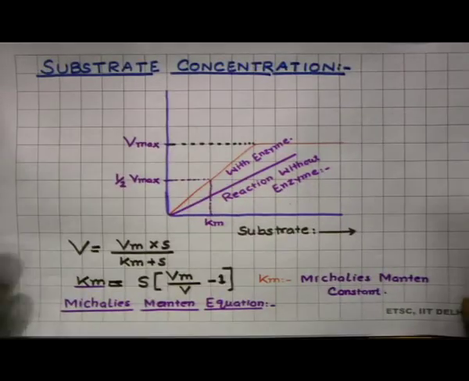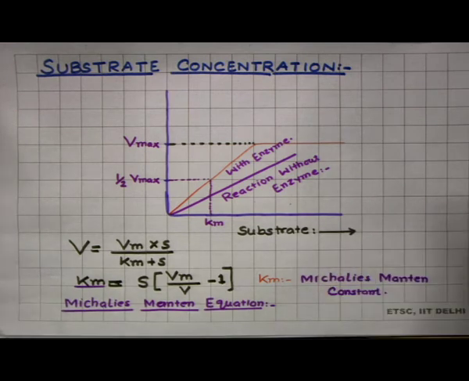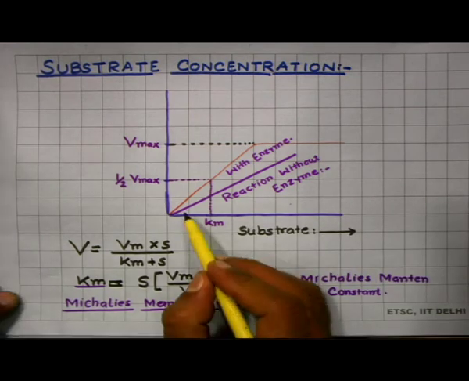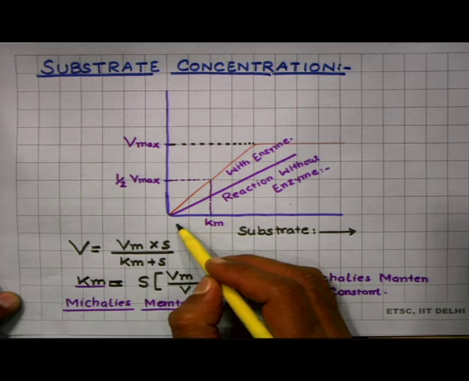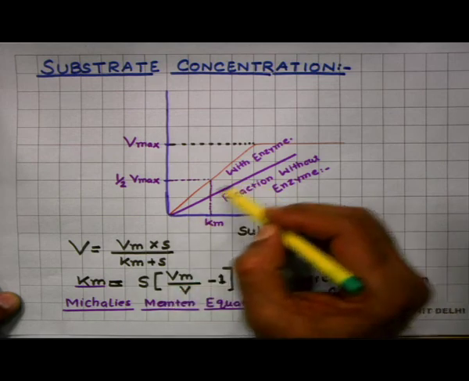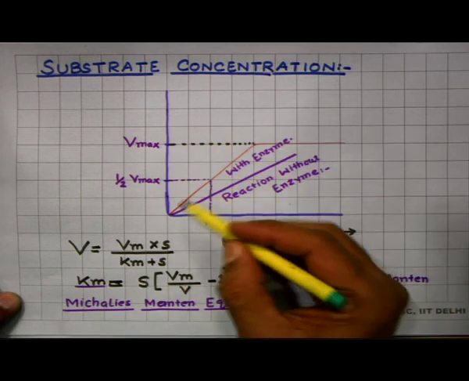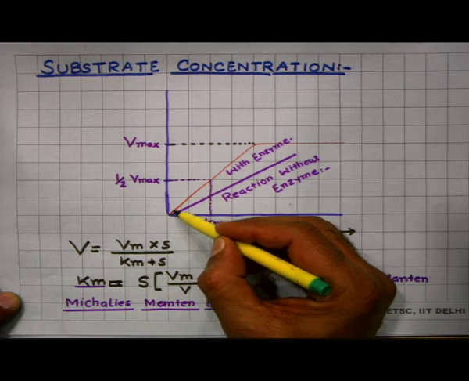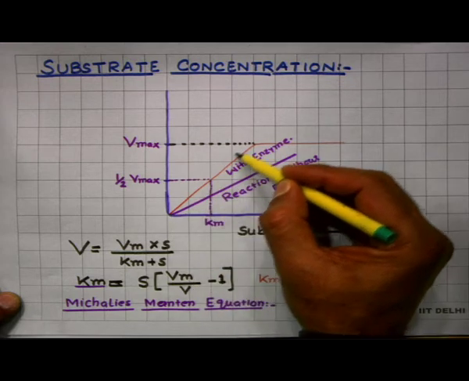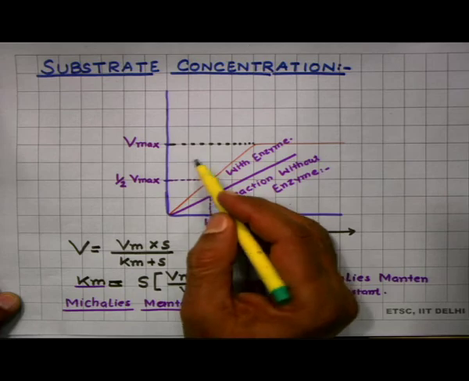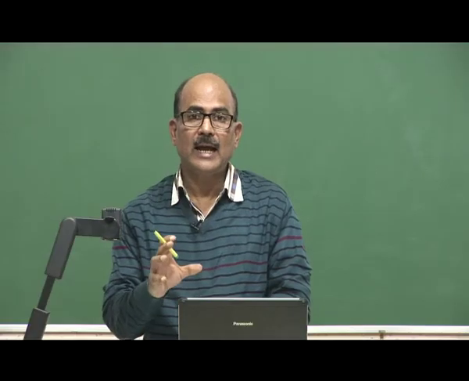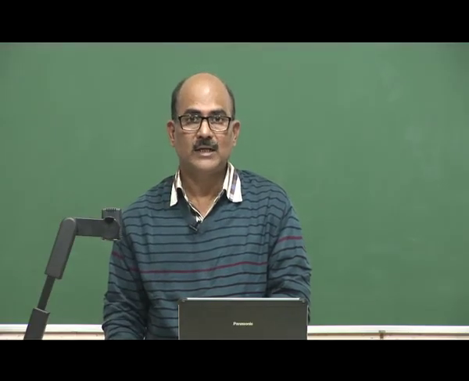Now, with the help of this graph, you can easily understand that when the substrate concentration increases, the rate of enzymatic reaction becomes faster, because the enzyme has several active sites for the substrate molecules.